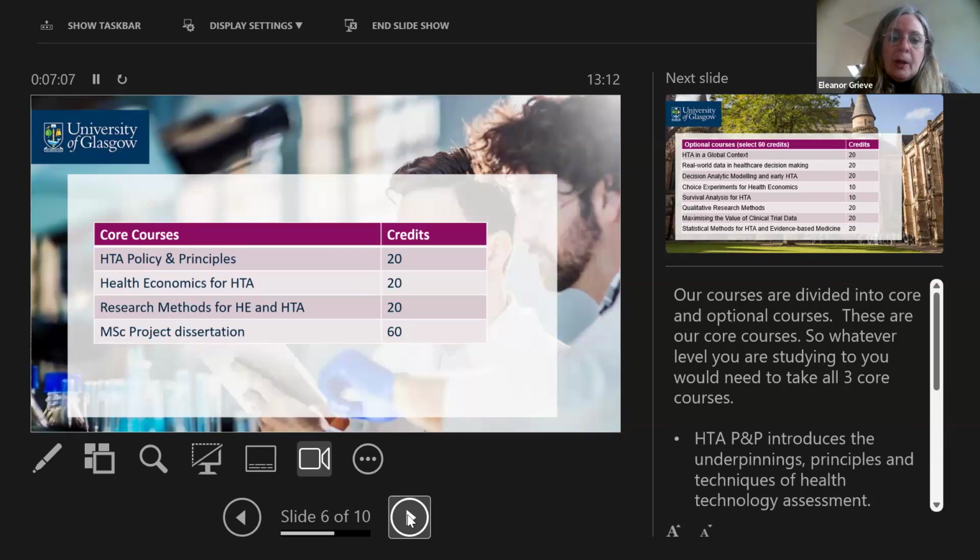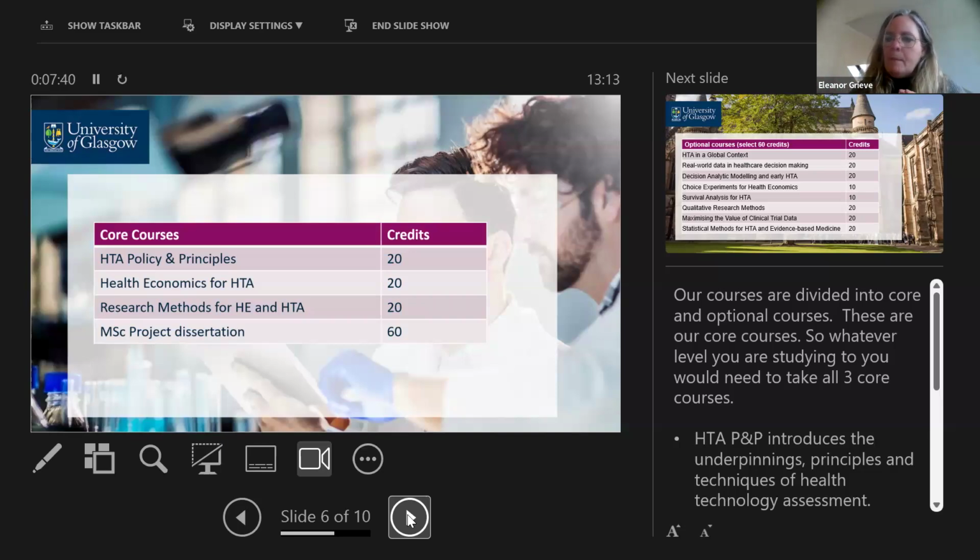And then until this year it was medical statistics for HTA. We've now replaced that with a wider research methods for health economics and HTA. That is taking more of a deeper dive into health economics, a bit more about modeling, a bit around real world data, a bit more about evidence synthesis.